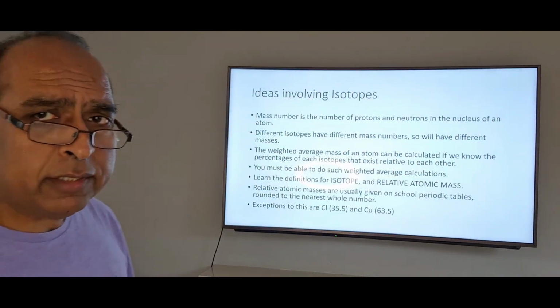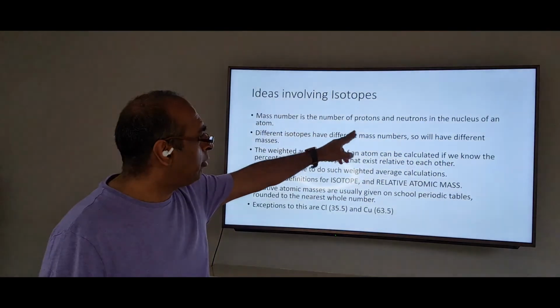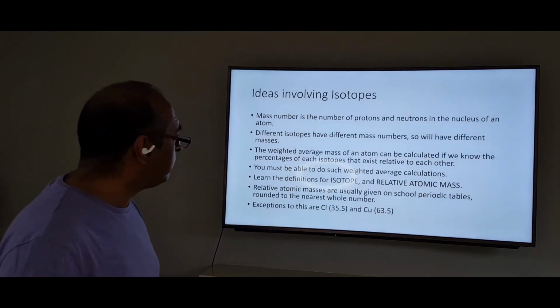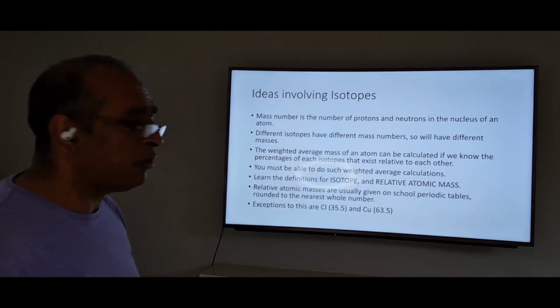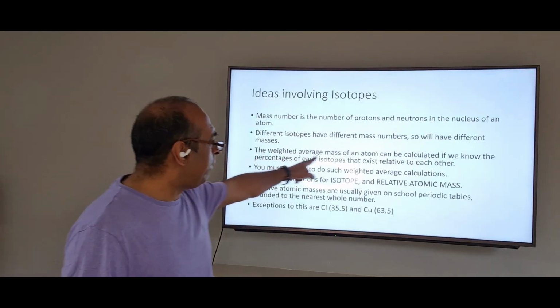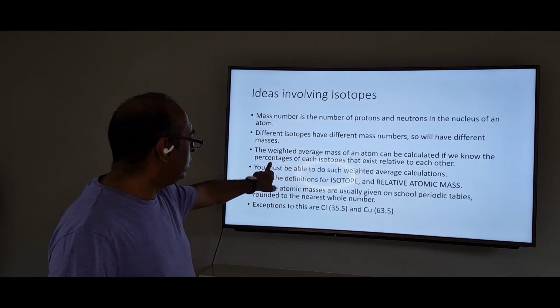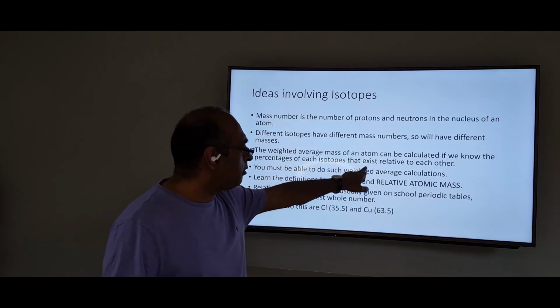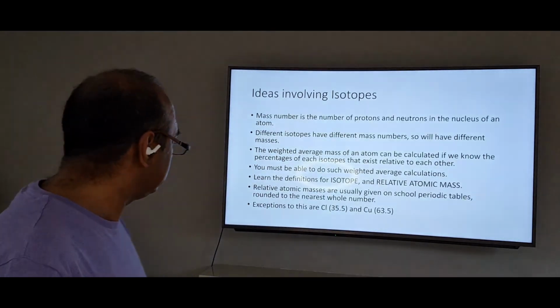So, with these ideas of isotopes, mass number is the number of protons and neutrons in the nucleus of an atom. Different isotopes have different mass numbers, so they've got different masses because of the different number of neutrons. The weighted average mass of an atom can be calculated if you know the percentages of each isotope that exists in our world.